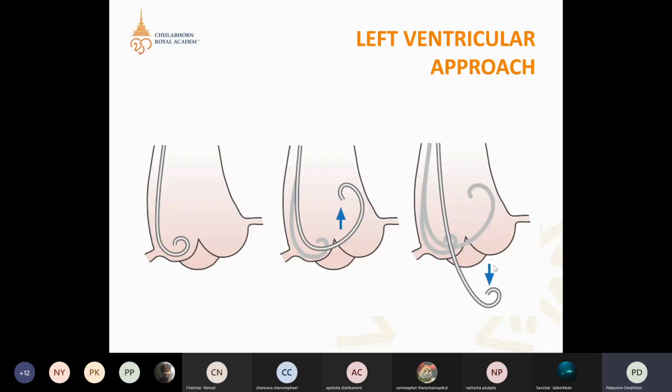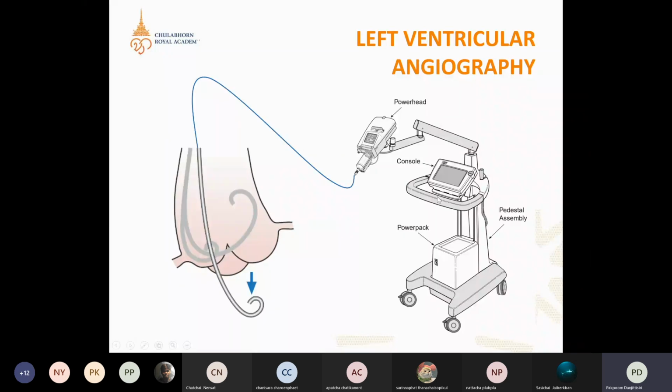In this case, the doctor used the pigtail to approach the LV because they want to do LV angiography using this machine.